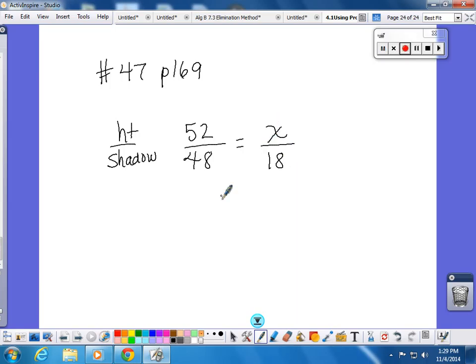Do you guys agree? Let's talk about it if anybody set up the proportion differently. How did you set it up? I put 48 over 52 equals 18 over x. As long as you're consistent. Like if you flip this one, then you better flip that one too, and you got it right. Anybody doing anything different from that?